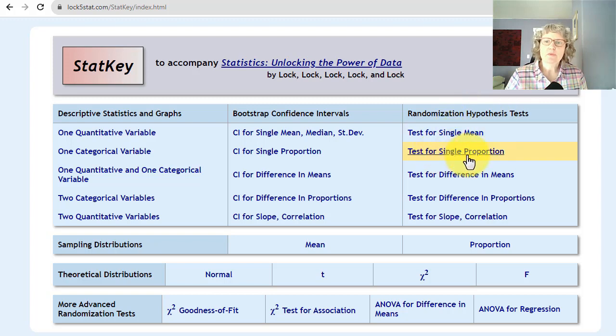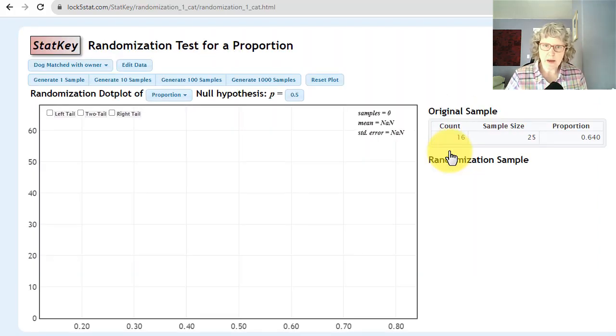Okay, so we are doing proportions right now. First it's going to be important to identify which parameter we're doing, right? And is it one or two? Right now we're doing a single proportion, so I'm choosing that one. And on this one, there are two things we need to edit. We need to put in our null hypothesis, and 50-50 is the default, so we are in luck there. This is like a coin toss, just 50-50.